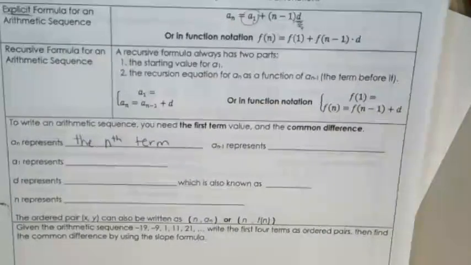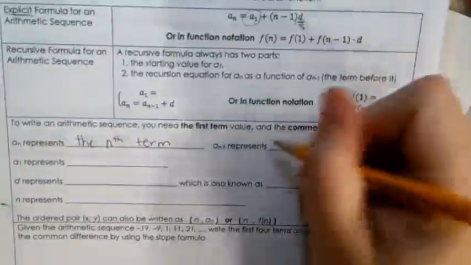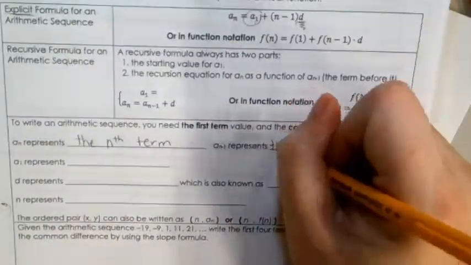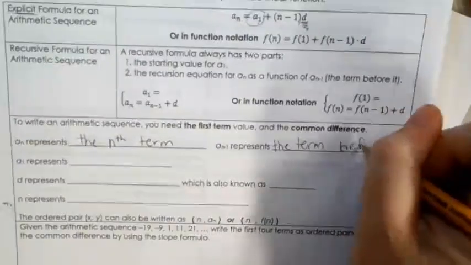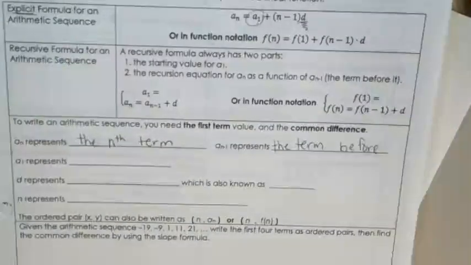A sub 29 is the 29th term. So it's whatever term number you're interested in. A sub n minus 1 is the term before. So if we're interested in the 4th term, then a sub n minus 1 is the 3rd term. If we're interested in the 25th term, a sub n minus 1 is the 24th term.